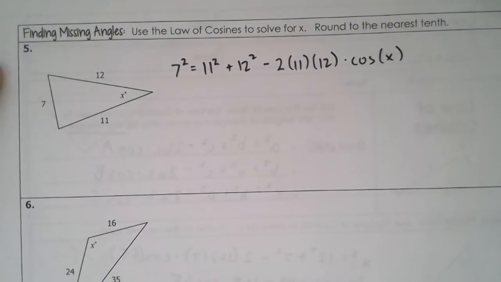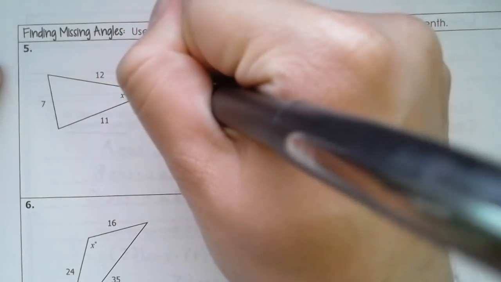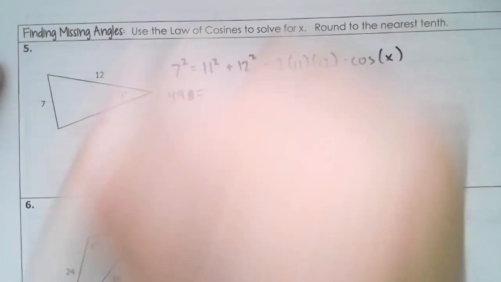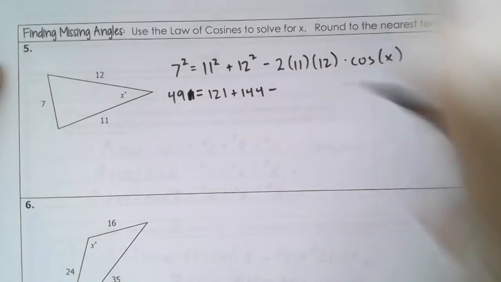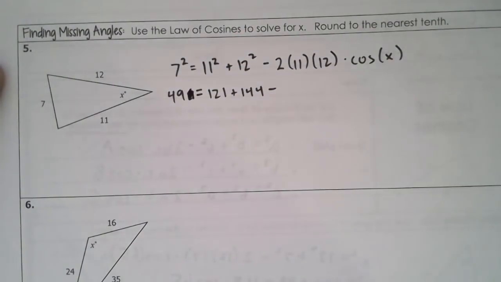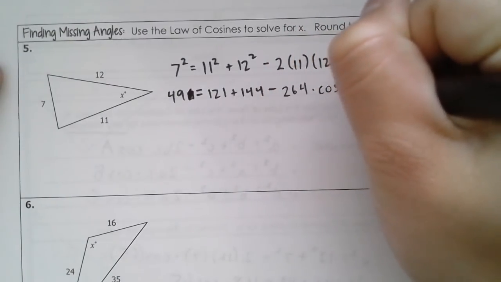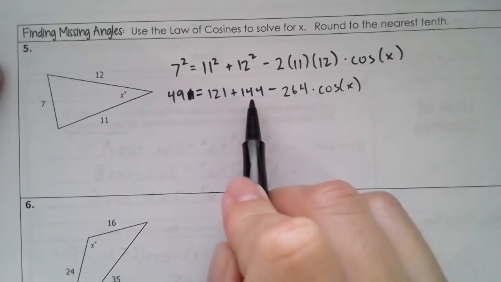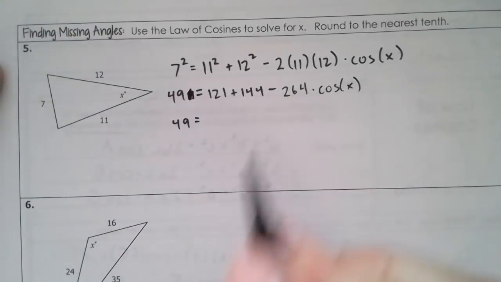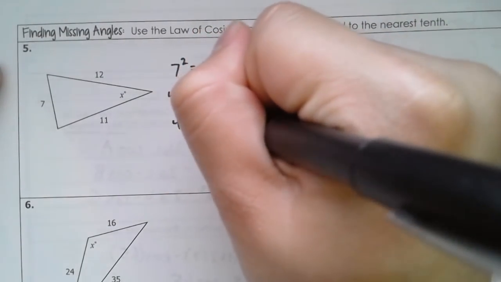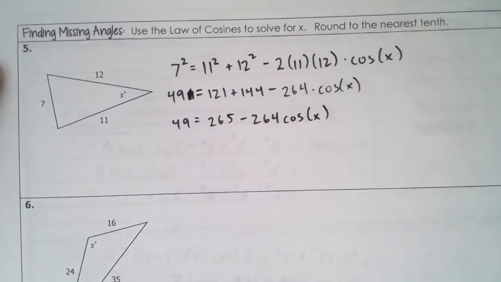Now you're going to figure out what these numbers are. 49 is equal to 121 plus 144 minus 2 times 11 times 12, you're going to get 264 times the cosine of x. Add these two, you're going to get 49 is equal to 265 minus 264 cosine of x.